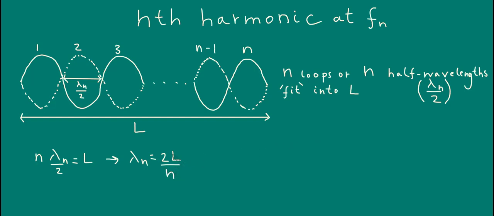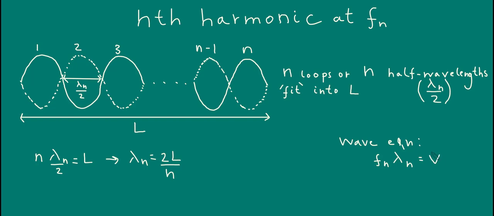Now, we know that there's a relationship between wavelength and frequency, right? That's just the wave equation. Okay, so remember the wave equation tells us that the frequency fn and wavelength lambda n, if you multiply them together, it should give you the wave speed, right?